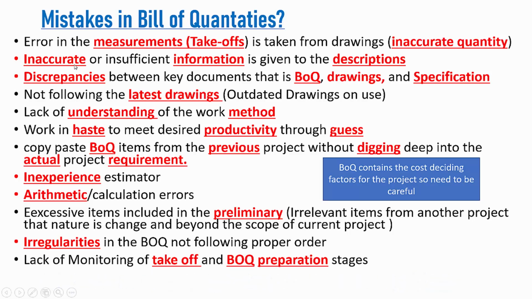Okay, the second point is inaccurate or insufficient information given in the description. As I told you, the description is very important because it tells us what we need to do. For example, the description tells you that we need to have a concrete work, and in concrete work, what kind of concrete work is this, whether it is cast in situ or pre-cast concrete.